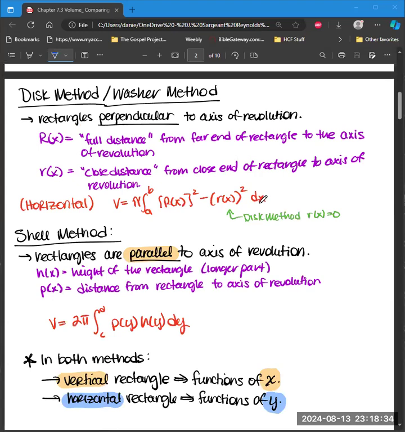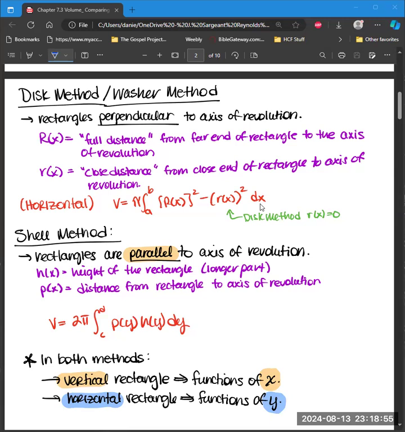So as a review, we use the disk washer method when we have rectangles that are perpendicular to our axis of revolution. We use big R for the full distance from the far end of the rectangle to the axis of revolution, and little r is going to be the close distance from the close end of the rectangle to the axis of revolution.